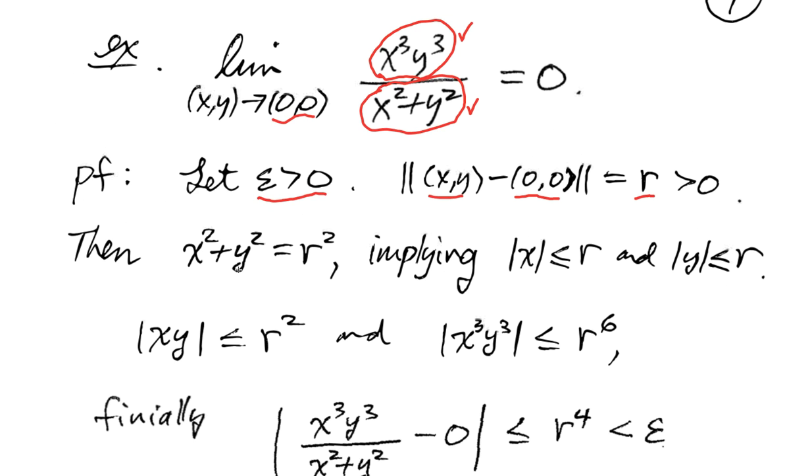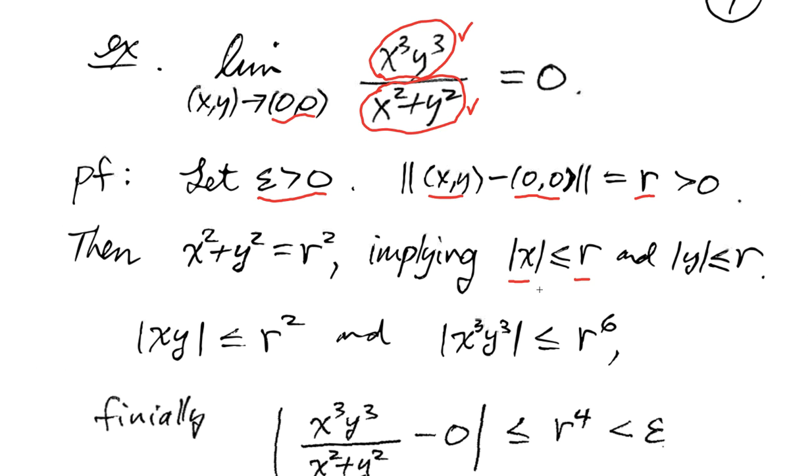Now, y squared is certainly greater than or equal to 0, so that means x squared plus y squared is certainly greater than x squared alone. So r squared is greater than x squared. Taking square roots, the square root of x squared, which is the absolute value of x, has got to be strictly less than r.